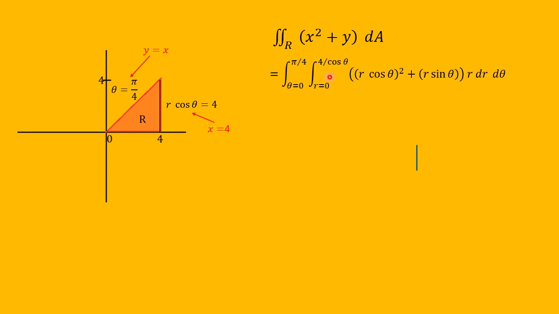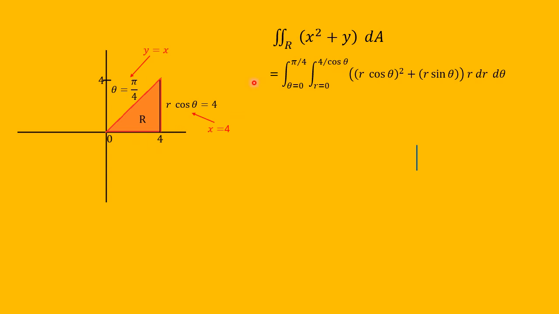And then the limits are going to be the following. For r on the inside, r is going to go from 0 out to this side right here, and for this vertical side, r is equal to 4 divided by cosine theta. Just divide both sides of this equation by cosine theta to get this upper limit here.